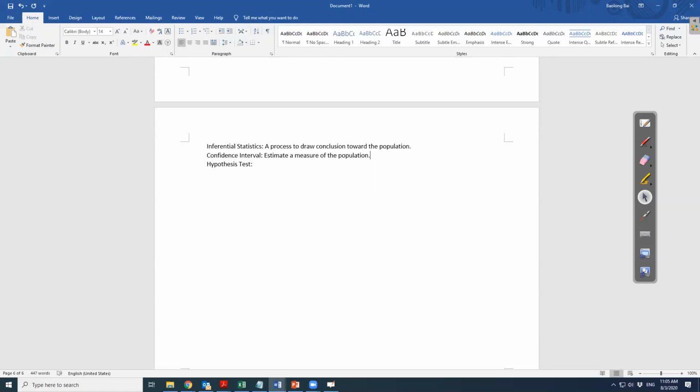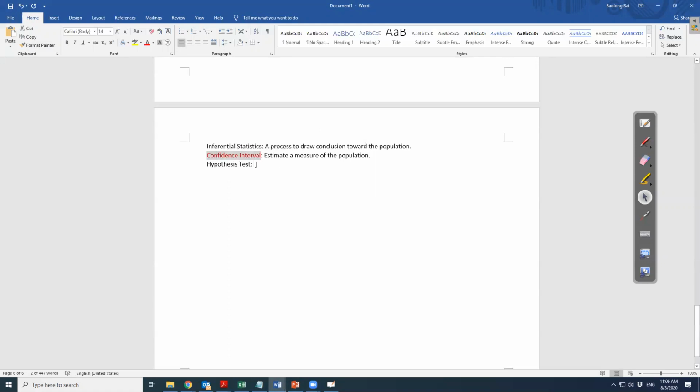There's an unknown population, and there's some feature you want to know about it. Mostly it's the population mean, but sometimes you want to estimate the population standard deviation or population variance. Basically, if you want to do an estimation, you need to do a confidence interval.